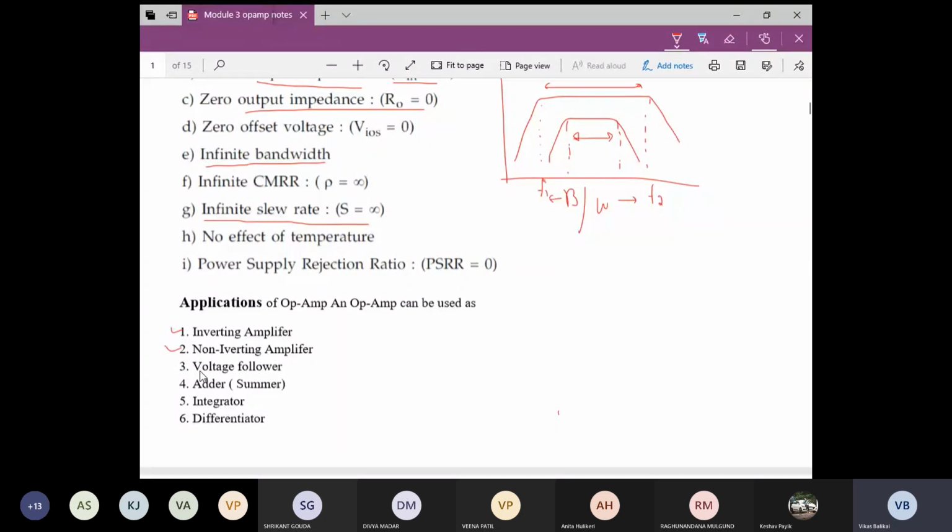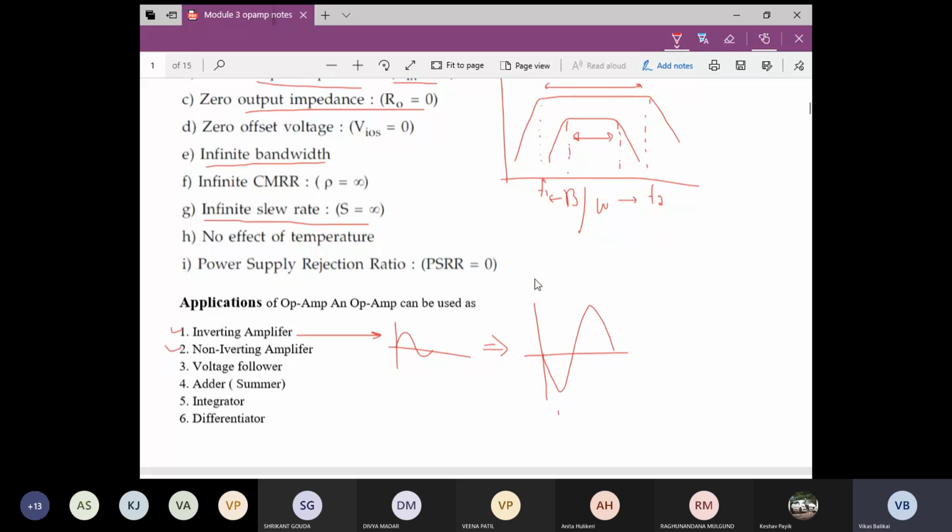entire module. That is how the op-amp can be utilized as an inverting amplifier. Like I was saying, in an inverting amplifier, if this is my input signal, my output will definitely be amplified because it is an amplifier, but it will be in inverted format. It will be of this nature.